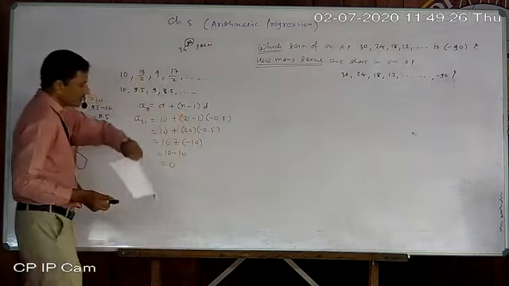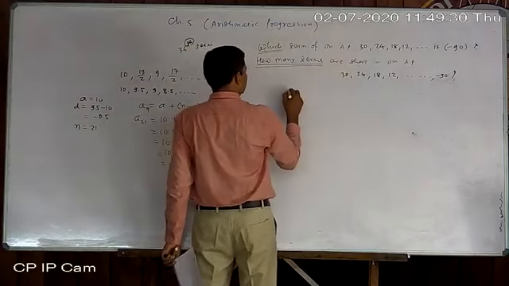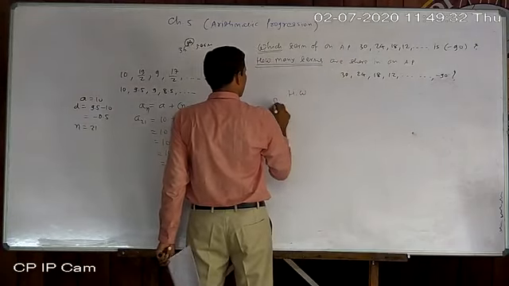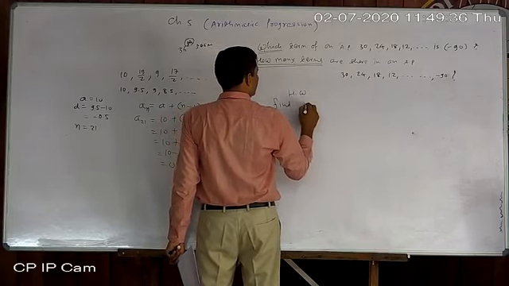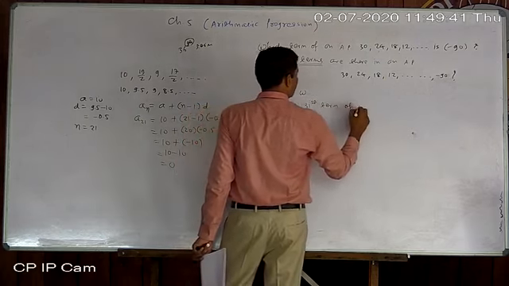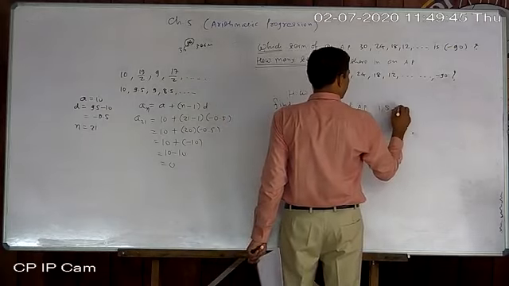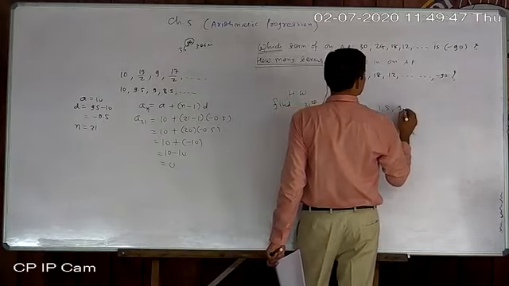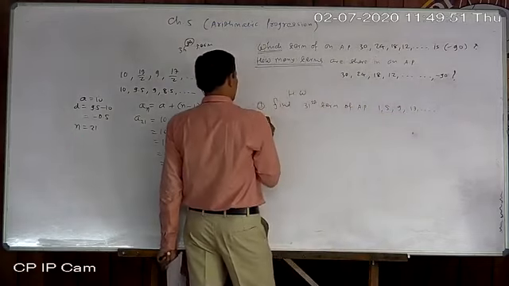Now I just give you a few questions. 1. Find the 31st term of the AP 1, 5, 9, 13, etc. 2.